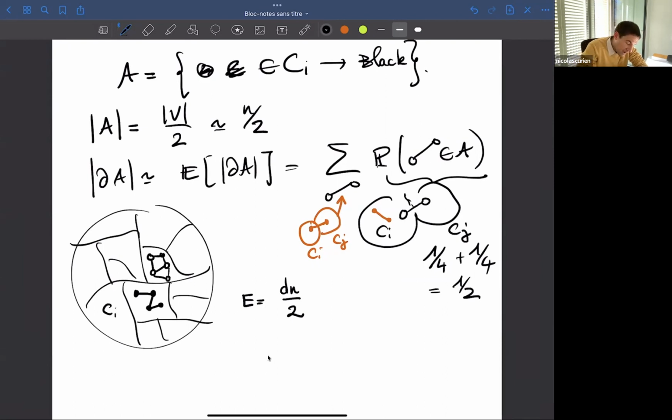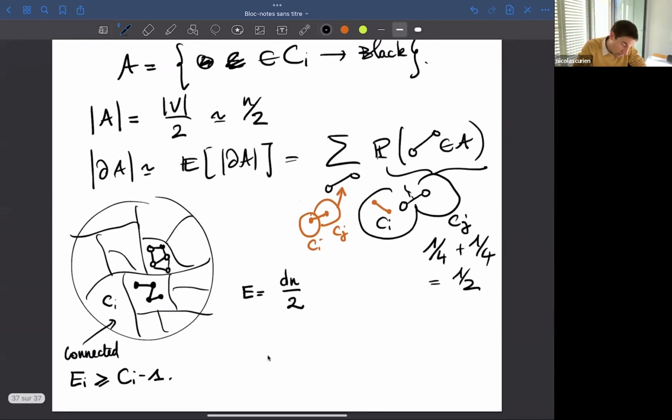But inside the packet Ci, how many edges do I have? I know that it is connected, so the number of edges, let's say Ei, is at least the size of Ci minus 1. Because a connected graph with n vertices needs at least n minus 1 edges. Very simple.